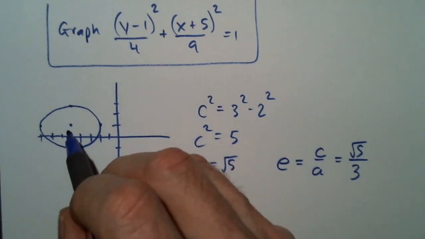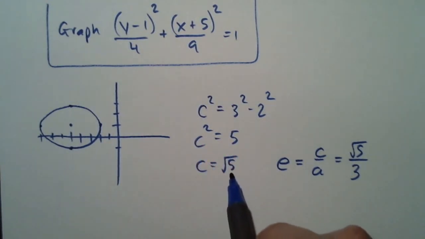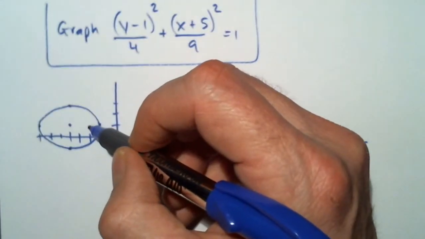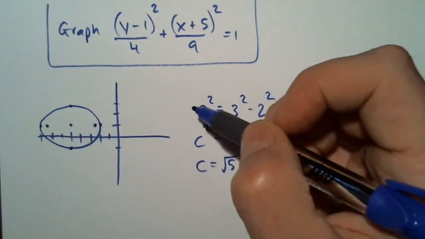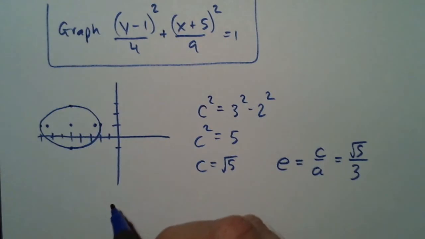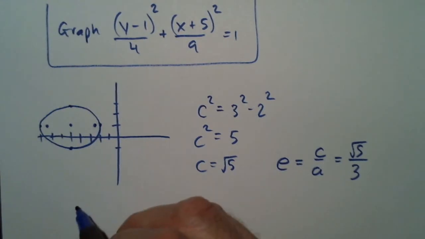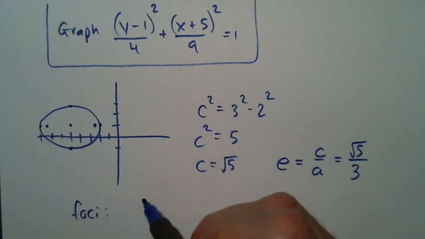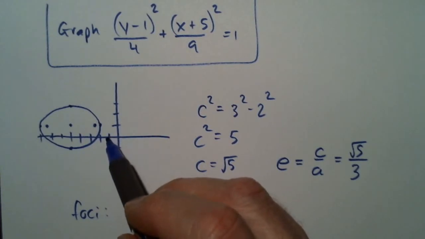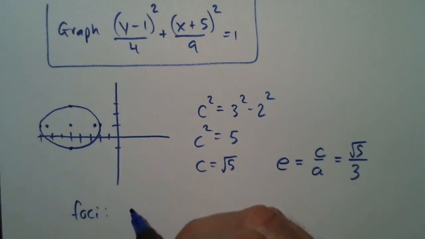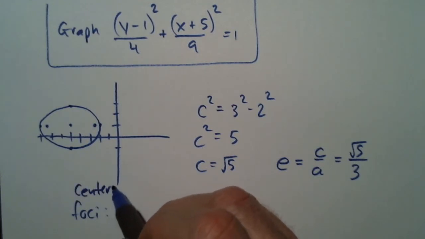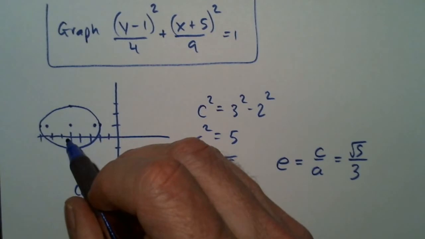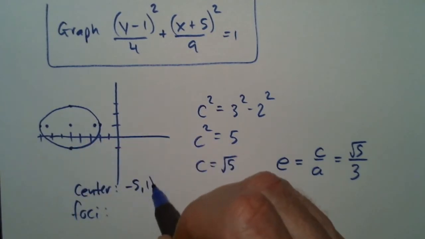Let's look at the coordinates of the foci. This is between 2 and 3. So we're going to go 1, 2, somewhere between 2 and 3, on each side. The center is 1, 2, 3, 4, 5, 1: negative 5, 1.